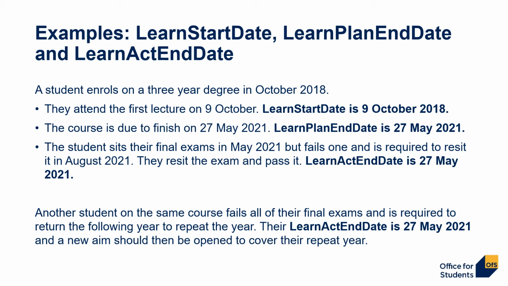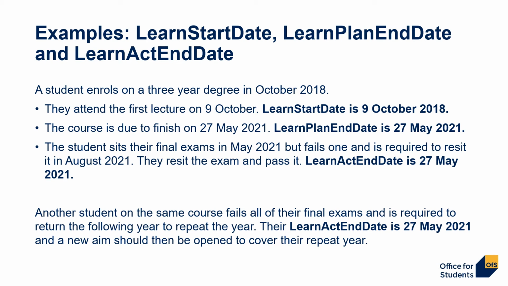The student sits their final exams in May 2021, but fails one and is required to resit it in August. They resit the exam and pass it. Now their LearnActEndDate is the 27th of May 2021 because that was their last date on the structured program. Remember that resits should not be taken into account when determining that end date.